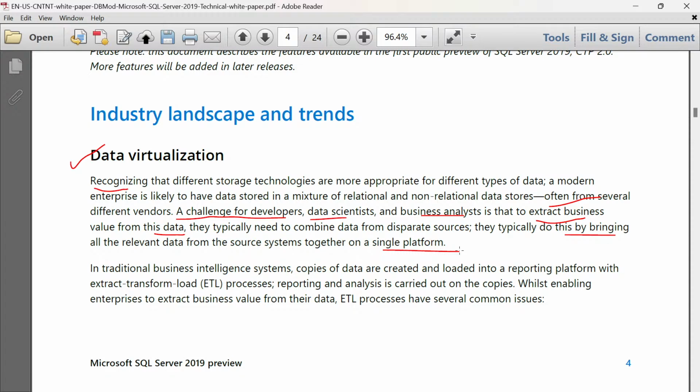So it depends upon the requirement of a user, a person or an organization, as well as the type of data to be extracted. So here we have different categories of users: developers, scientists, analysts. As per their requirement, they will pass on their queries.